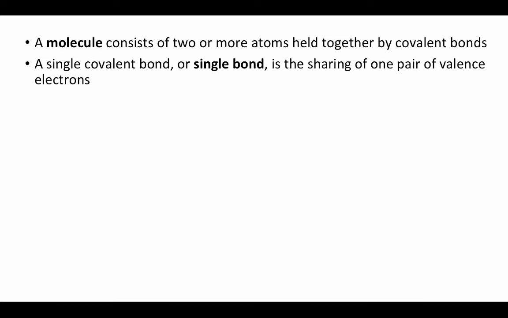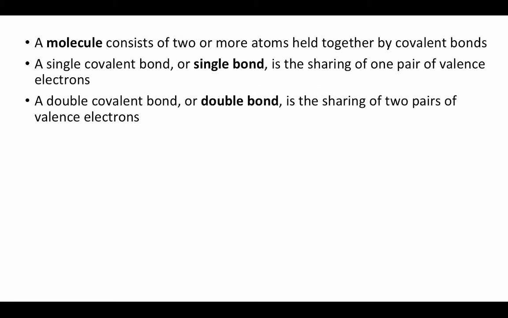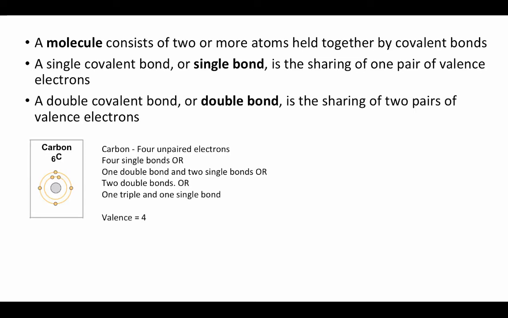A single covalent bond, or a single bond, is the sharing of one pair of valence electrons, but you can also share two pairs of valence electrons, and this is called a double bond. On rare occasions, three pairs of electrons can be shared to form a triple bond. As an example, we see carbon has 4 unpaired electrons in its valence shell.